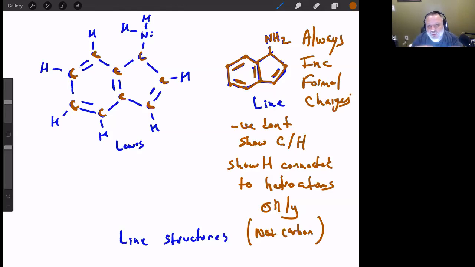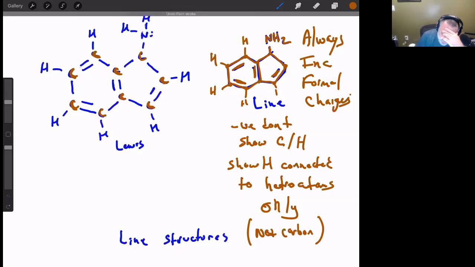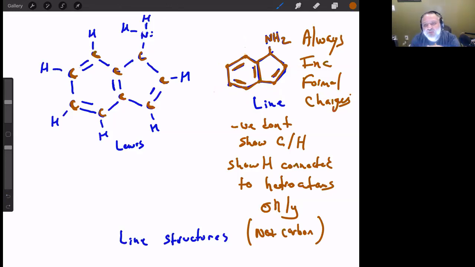If you do leave the formal charge out, then readers get confused as to what's there. I know that there's a hydrogen here, here, here, here, here, here, and that's it. I know that because there are no formal charges on those carbons, and they all have a full octet.